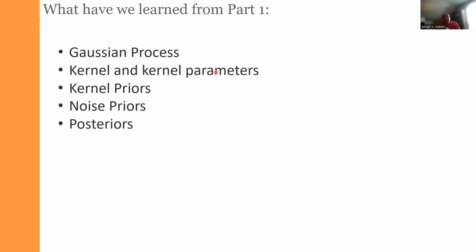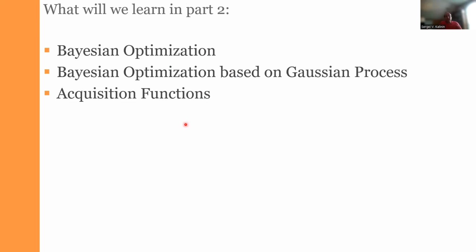So not all workflows are myopic. For example, if I want to run the microscope and from time to time I need to make a decision to tune the microscope and then go back to imaging, that's an example of the non-myopic workflow. But we'll talk more about it. So what we're going to look at now is the concept of the Bayesian optimization, and specifically Bayesian optimization based on the Gaussian processes.